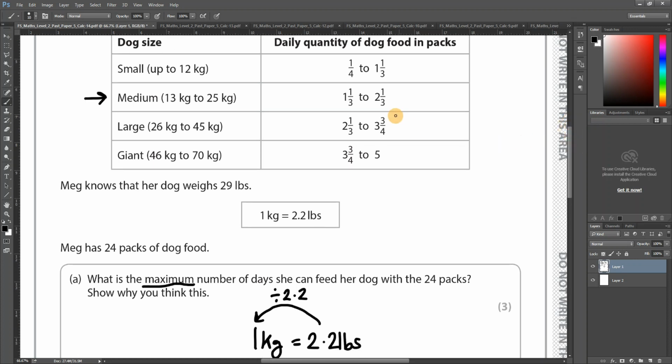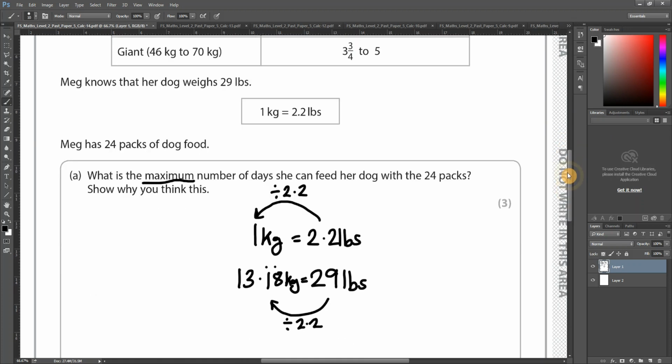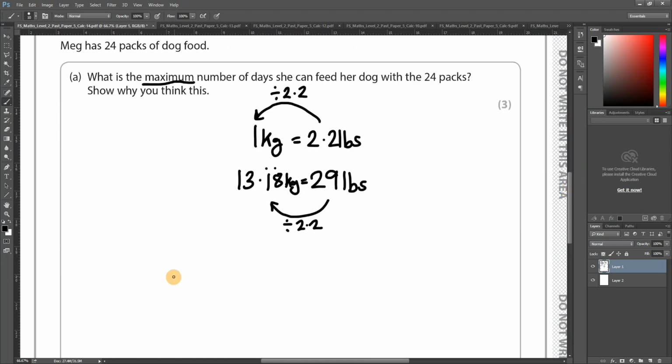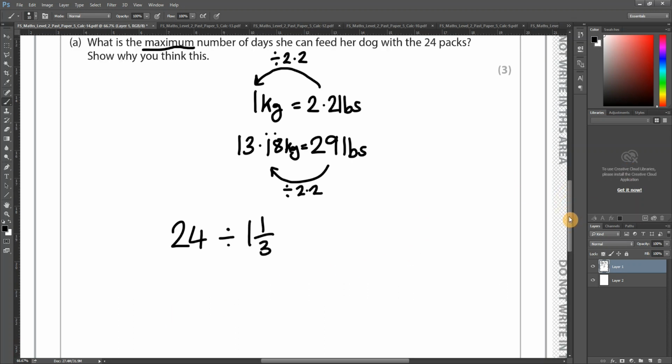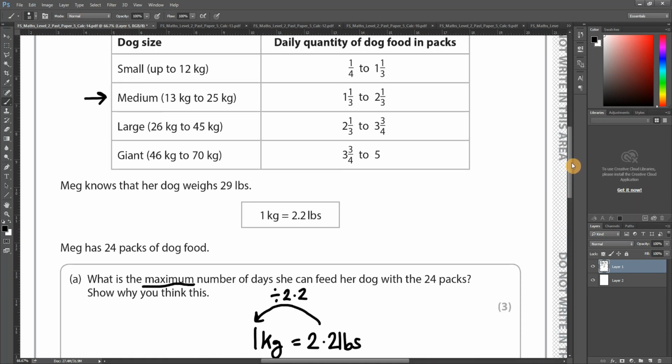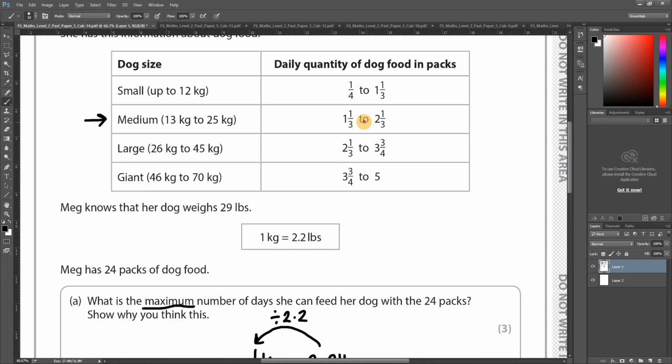So you're going to have to do 24 divided by 1 1/3 to get your maximum number of days. A little bit tricky to understand, but basically you have to imagine that you've got a range of values here between 1 1/3 and 2 1/3, and think of it like this: you want the dog food to last as long as possible.